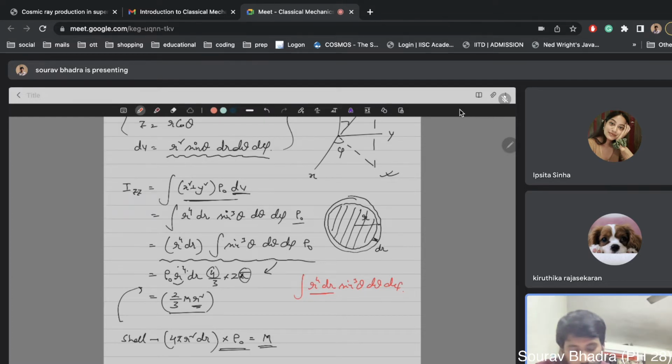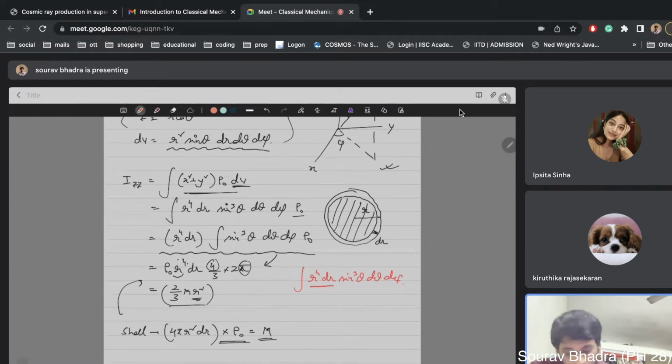Now what will happen for the solid body? For a solid body, the volume will be 4/3 pi r cube, multiplied with the density. So it is the mass of the solid body. Here, if you do the integration, you consider that the r integration is done from 0 to capital R, where capital R is the radius of the sphere.